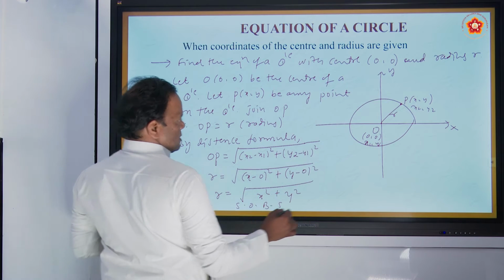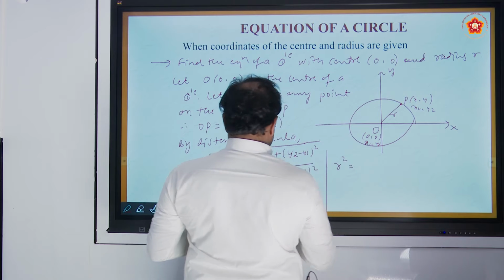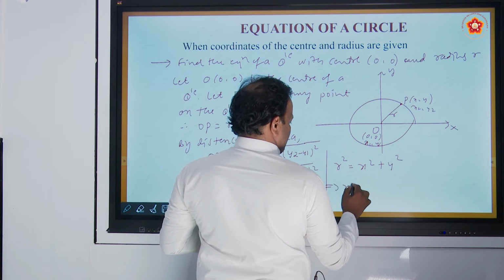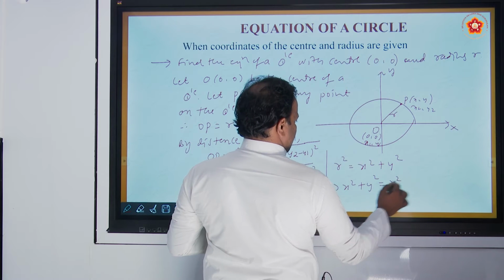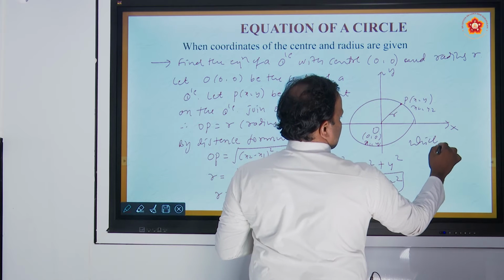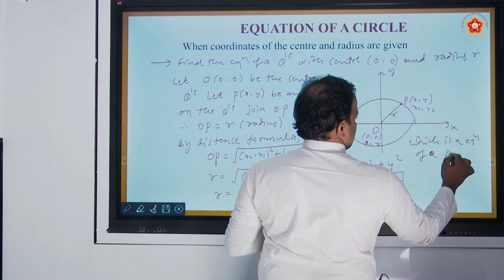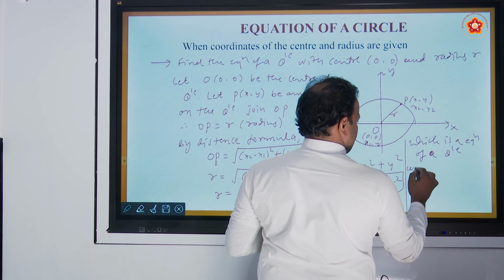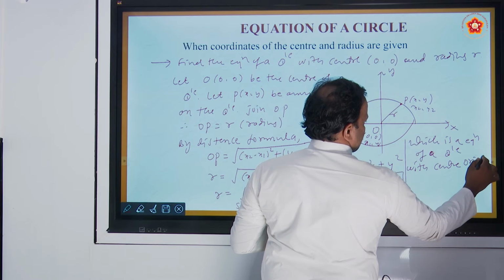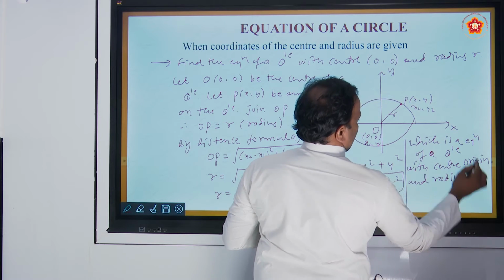SOBS means squaring on both sides. This becomes r square is equal to, root gets cancelled, x square plus y square, implies x square plus y square is equal to r square, which is the equation of circle with center origin, means 0, 0, and radius r.